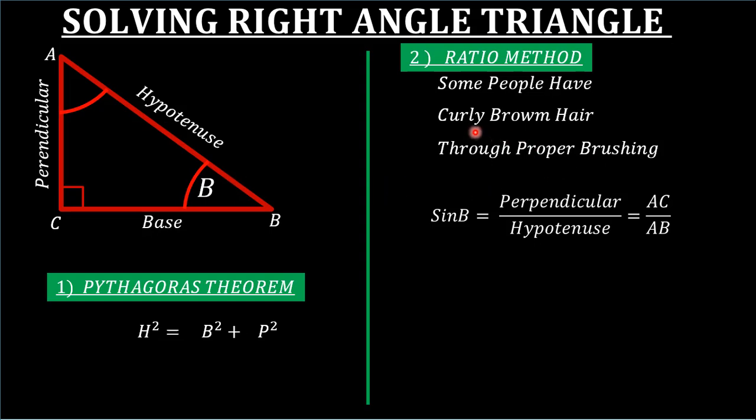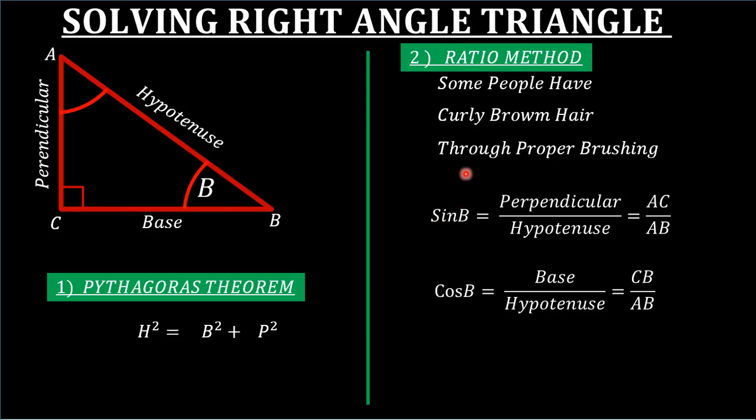Similarly, curly brown hair: here C stands for cos, B for base, and H stands for the hypotenuse. So cos of B will be equal to base over hypotenuse, meaning the side CB over AB.